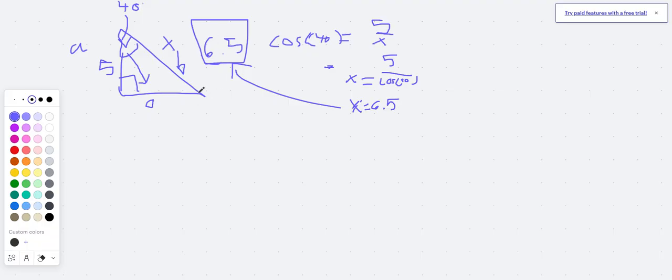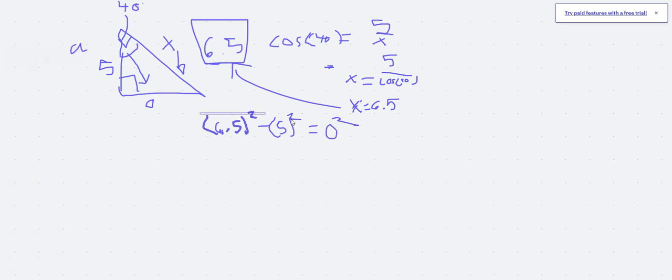In this case, you can use Pythagoras theorem, say 6.5 the whole square minus 5 square equals O square. You can do that, check it, see if it's correct. I mean, we don't have time for that right now, so we're not going to check it.